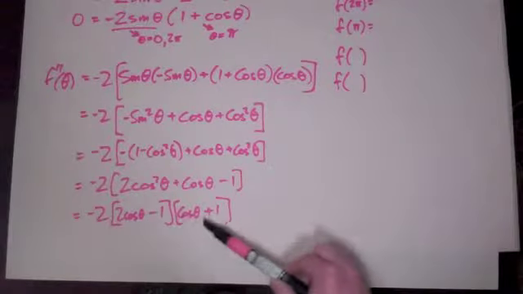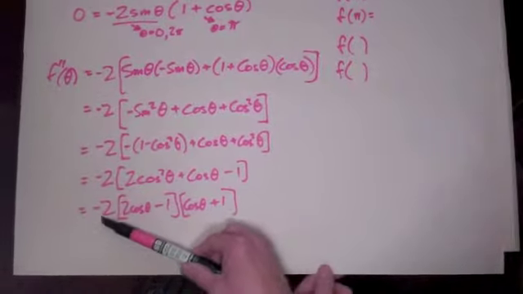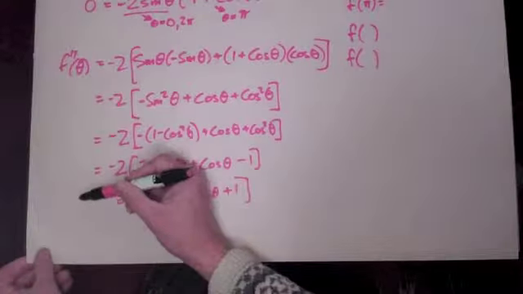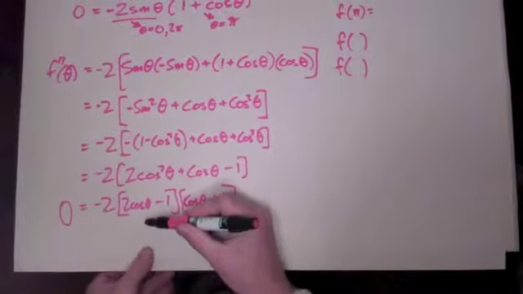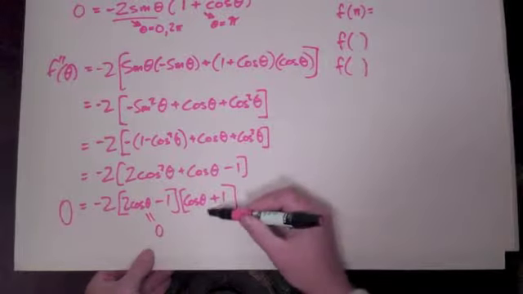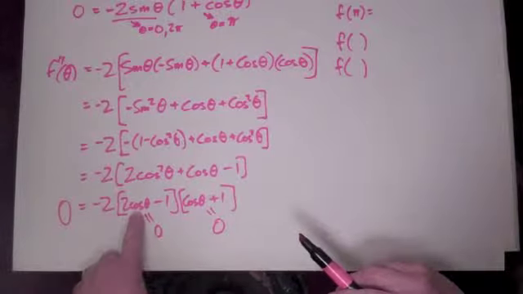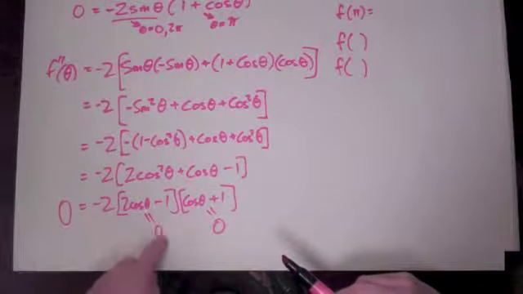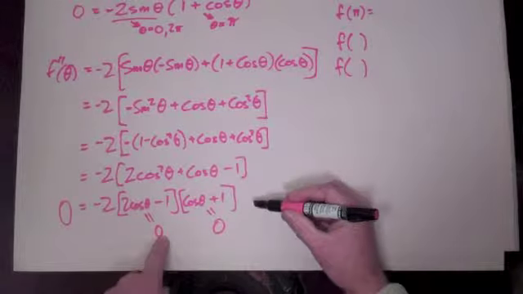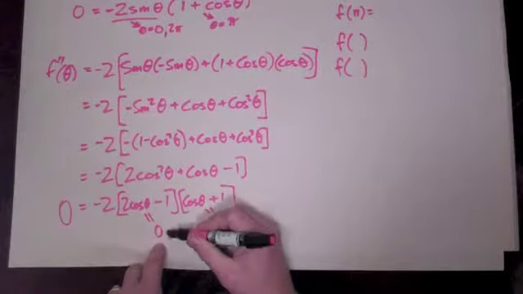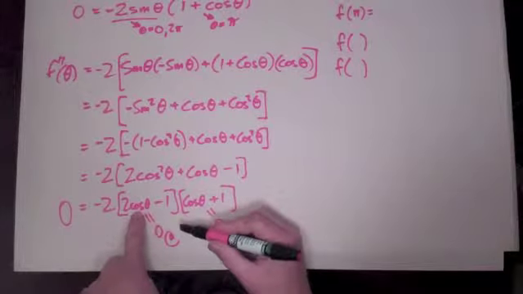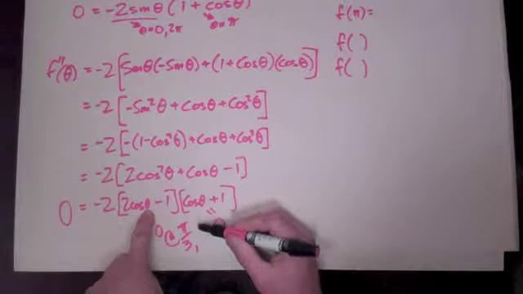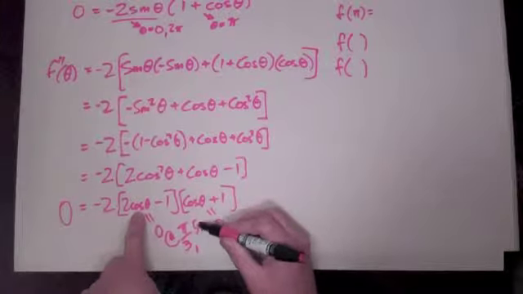I think the signs maybe are different from class, but I've still got that minus 2 out there. That doesn't change the fact that it's going to be 0 when this factor equals 0 and this factor equals 0. So again, when does the cosine of theta equal 1/2? Cosine is 1/2 at pi over 3, and then also at 5 pi over 3.